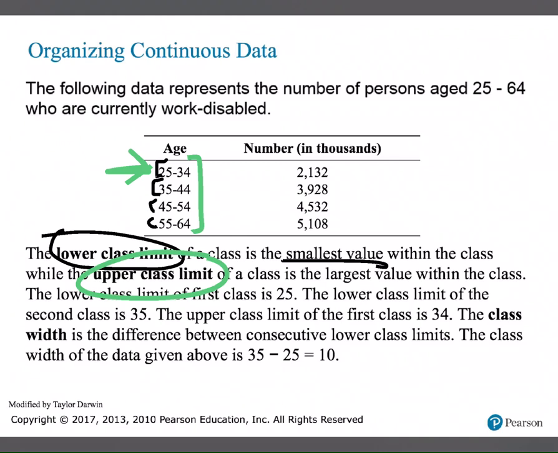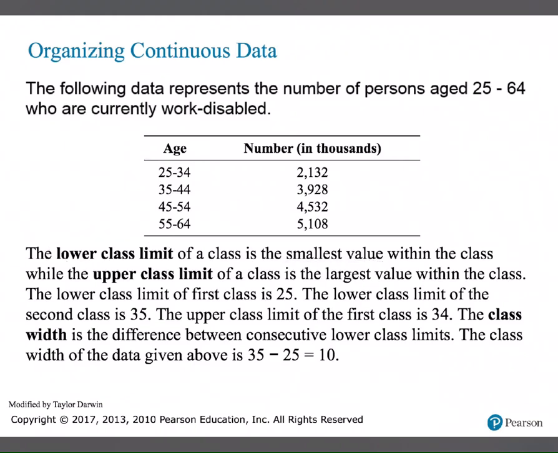The reason you do this is because you don't want to say 25 to 35 and then 35 to 45, because then you're going to have two values that could fit in each category. So you have to be careful about that. This is another way to organize data that can make it a little more pleasing to the eye, because if we didn't, we'd have a lot of different ages to look at.